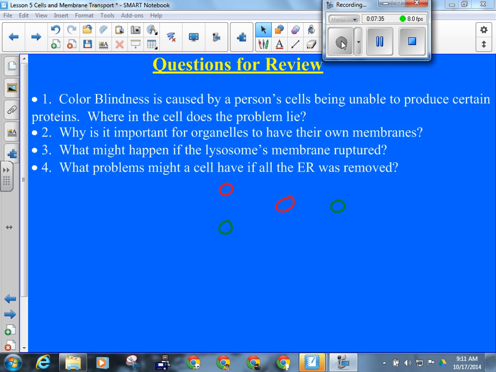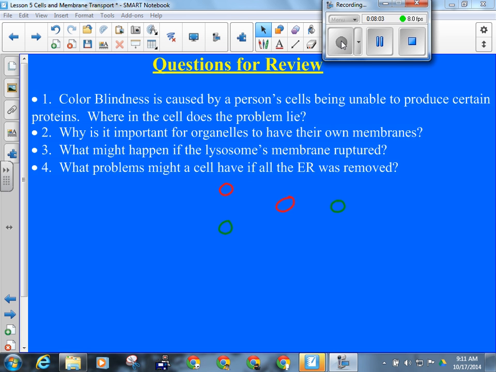The cell might also have toxins build up inside, because one of the other jobs of the ER is to detoxify poisons, to produce hormones, all those kinds of things. It does lots of stuff. It wouldn't be able to break down complex carbohydrates. There would be huge problems if your cell didn't have any ER. It would quite simply die, and die in short order, because that's one of the most essential organelles there is. All right, questions on any of those?